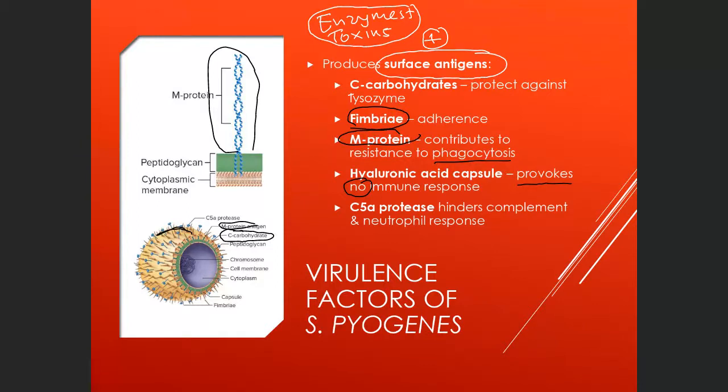C5a protease is another enzyme that acts on neutrophils, which are one of the phagocytes. So these are additional virulence factors of Streptococcus pyogenes that help protect against host defense.